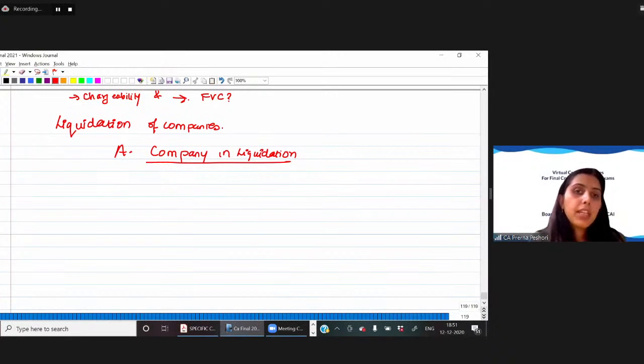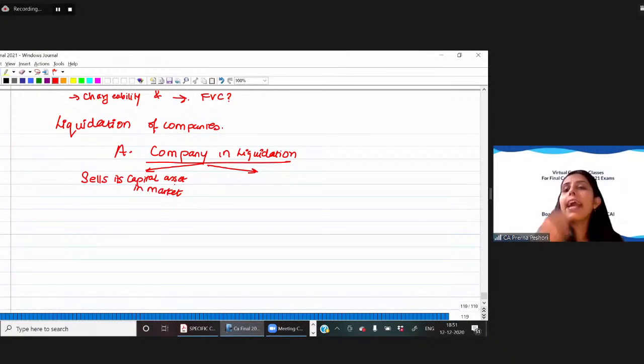Now, this company in liquidation will either sell its capital asset in the market and then pay off by cash to the shareholders. When it sells its capital asset in the market, this will be considered as a taxable transfer under section 45(1). Clear?